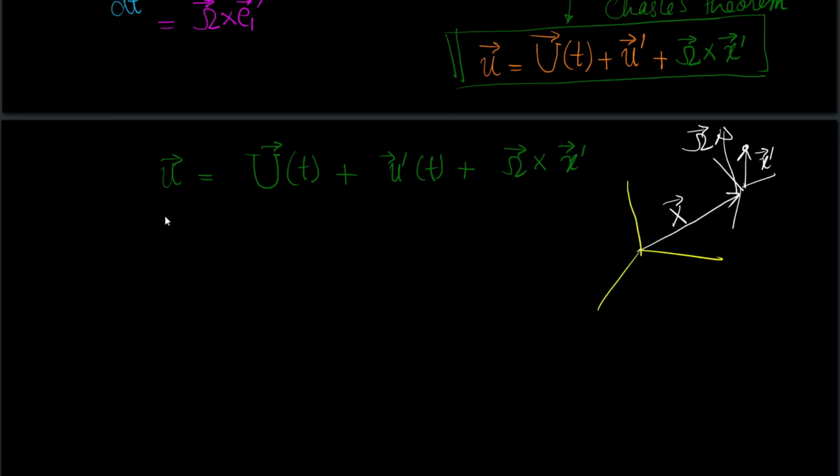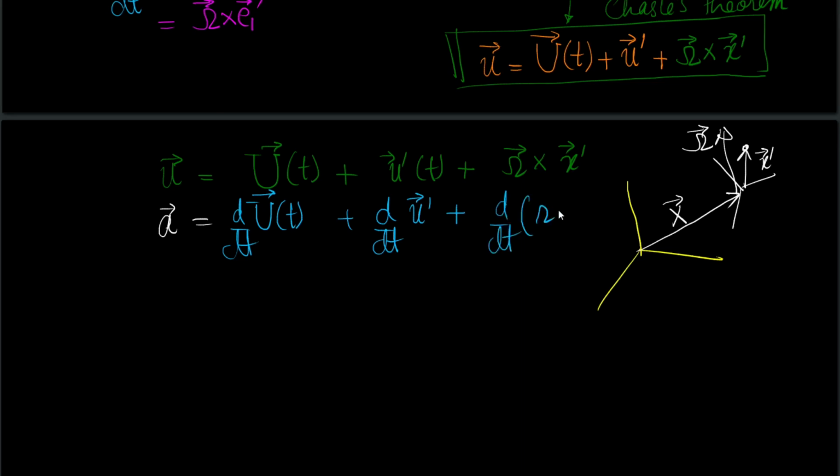Now, if I want to find the acceleration from this, what will be the expression? It will be d/dt of this entire term. So d/dt of capital U, plus d/dt of u prime, plus d/dt of omega cross x prime.